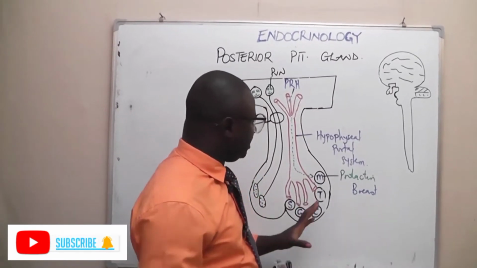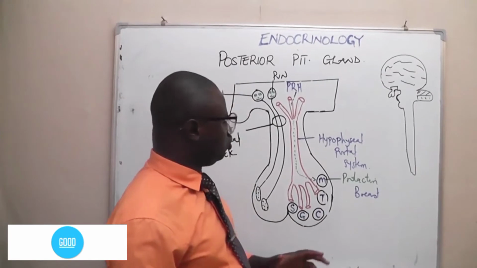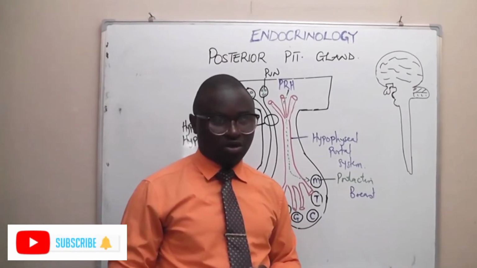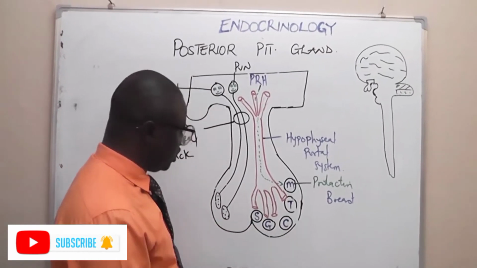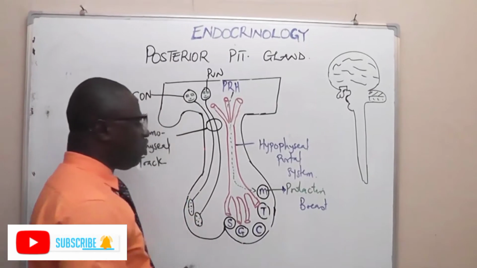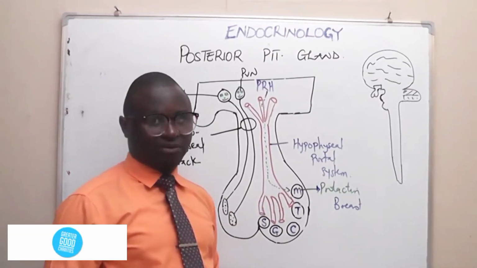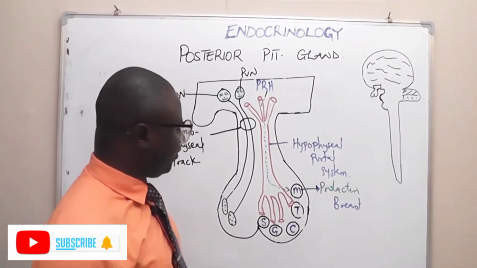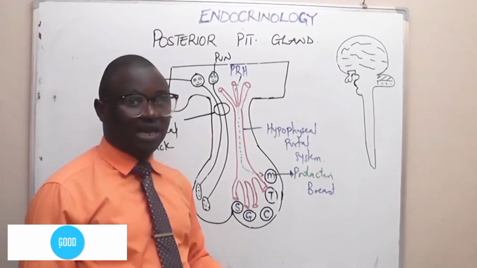So basically, the function of prolactin has to do with milk production. So that is that about the first hormone we are looking at. Remember, we said that the anterior pituitary, or adenohypophysis, produces 5 different types of hormone. So we have looked at the first hormone, which is prolactin, and usually it helps to produce milk, or lactation.